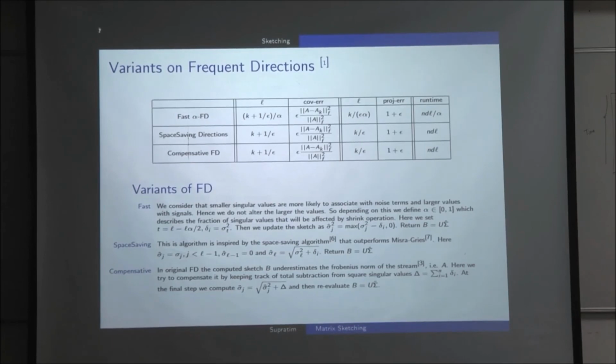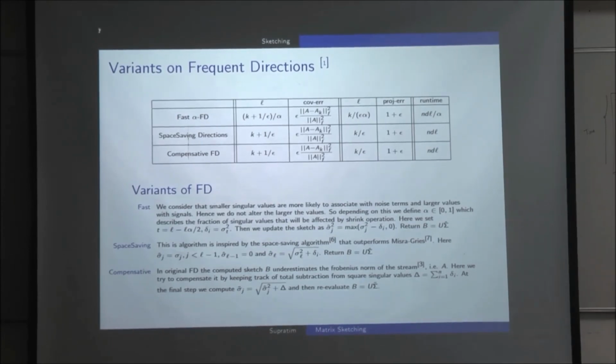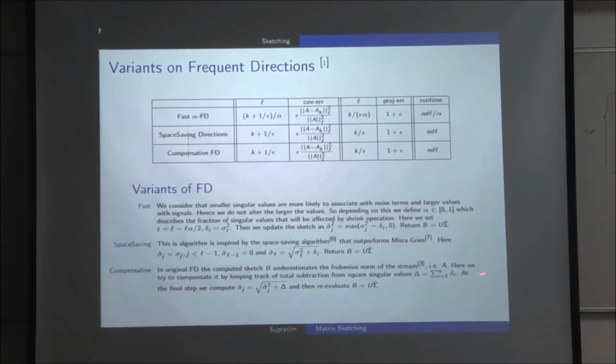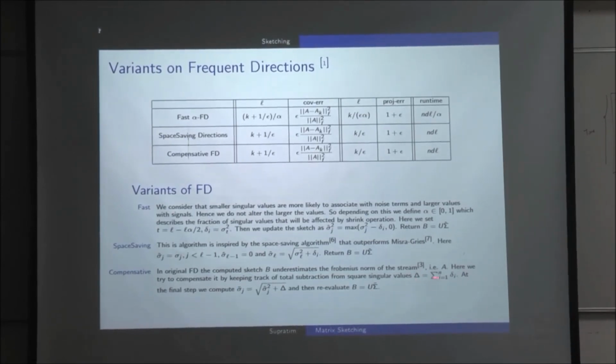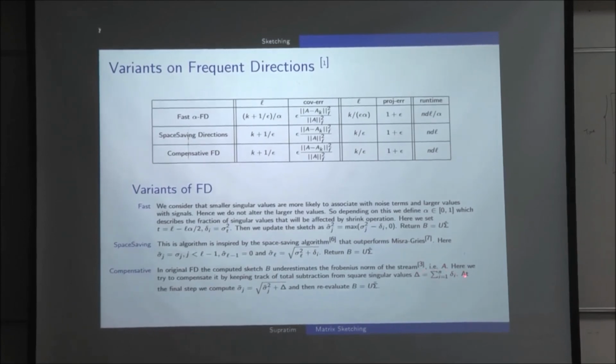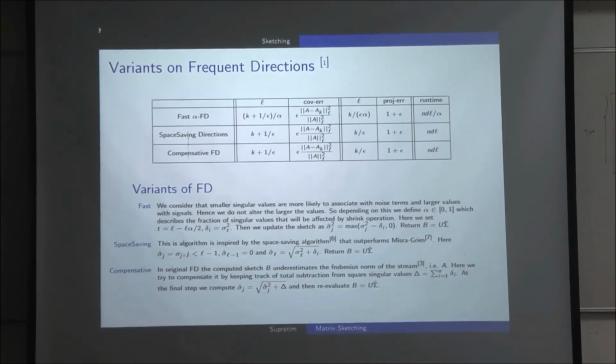So just to avoid underestimation of the stream, we keep a bookkeeping variable, capital delta, which keeps track of how much shrink we are doing in every shrink operation, and at the end of the sketch we simply add it to all the singular values that we have come up with in the sketch matrix, and then we re-evaluate this.